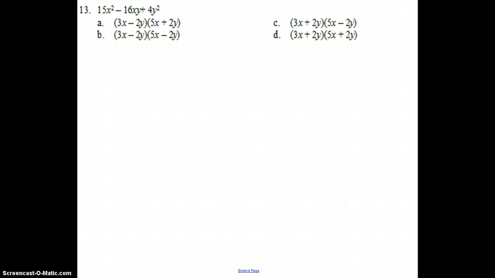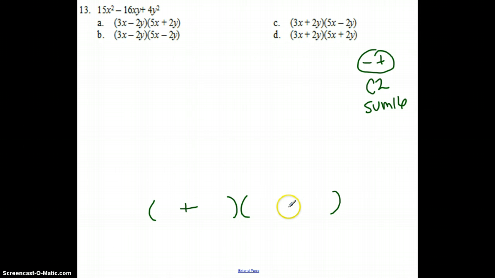Now this one is a little bit tougher because you have numbers in front of the x squared and larger numbers in general. So if I start out, this is minus and then plus. So on 13, that means that it's a case 2. I have a sum of 16. And if I go to set up this problem, one of these is going to have to be plus and, oops, not for case 2.